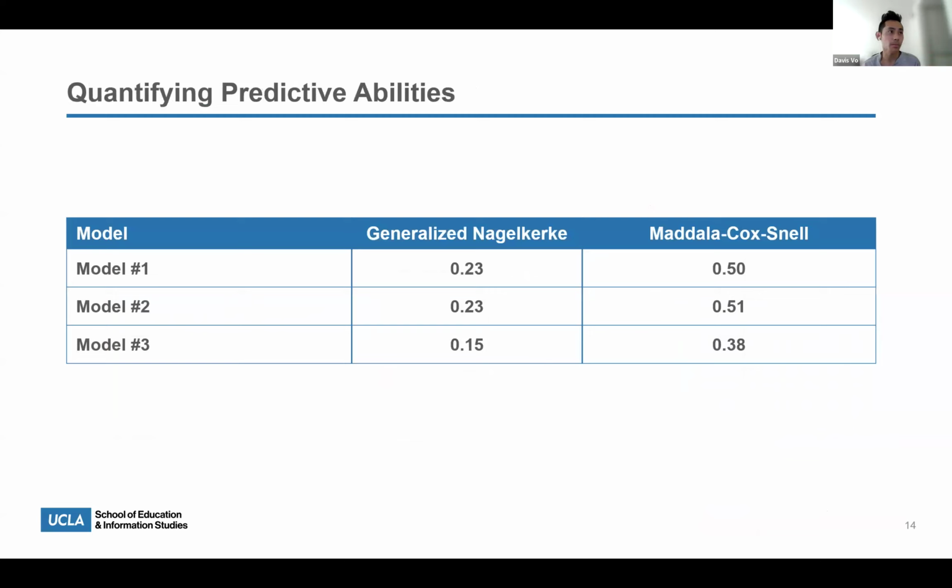And then to quantify predictive abilities, I took 2 different techniques to calculate quote unquote pseudo R-squared, which was the generalized Nagelkerke. We see that for models 1 and 2, they seem to perform better using that metric, as well as in the Cox-Snell metric as well.